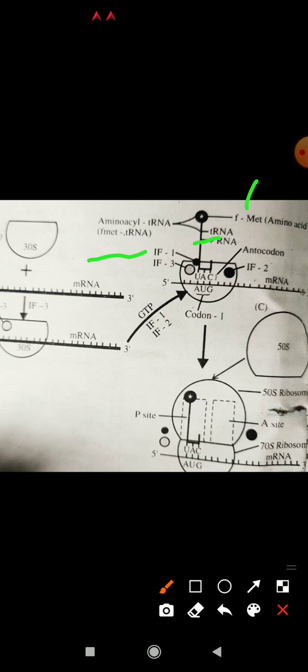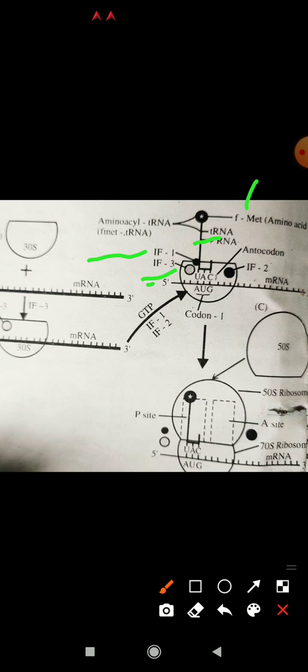And this process requires initiation factor 3. See here, initiation factor 3, and magnesium ions are also necessary. The 30S ribosomal subunit always attaches to the first codon of mRNA.